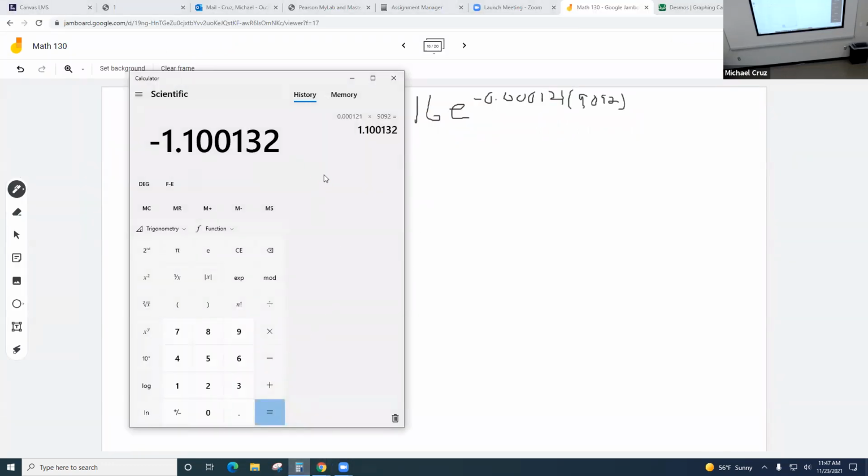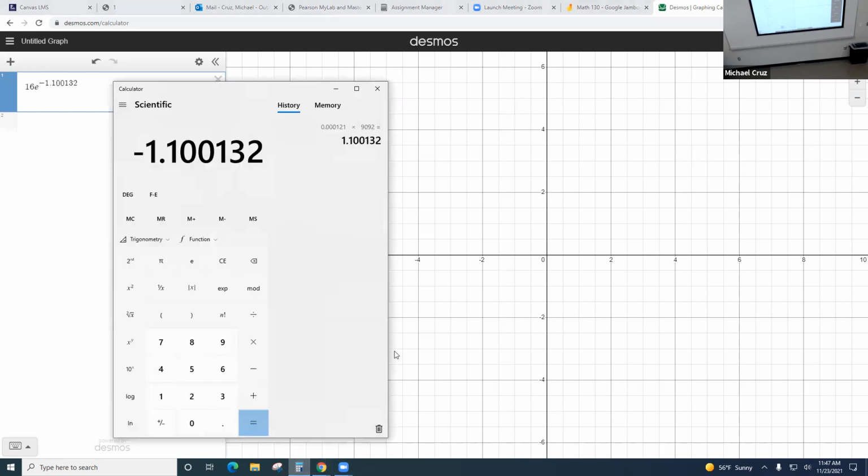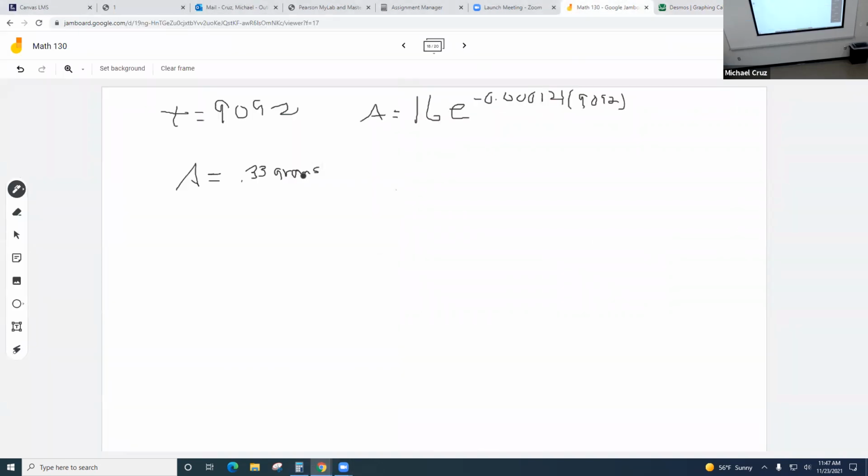Oh, I didn't multiply it times 16. I'm sorry. It's 16. Hold on a second. There we go. So it's 16 times 0.33, which is approximately equal to 5 grams.